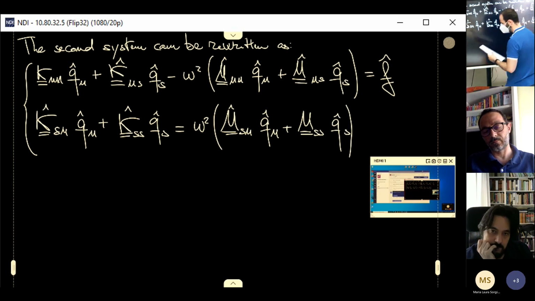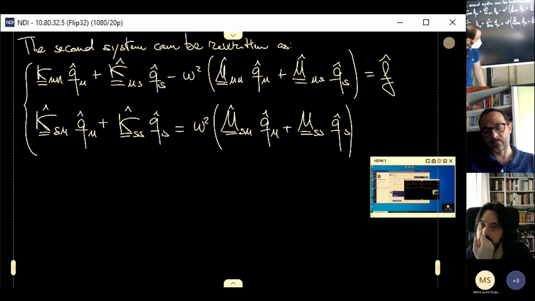Now you see, if you observe these equations, what you get is basically a relationship between the master and the slave nodes. Okay.